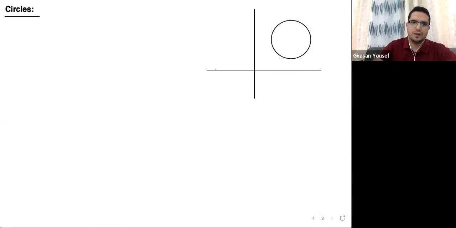Suppose this circle has a center around here, this point, and also it has a radius like this.